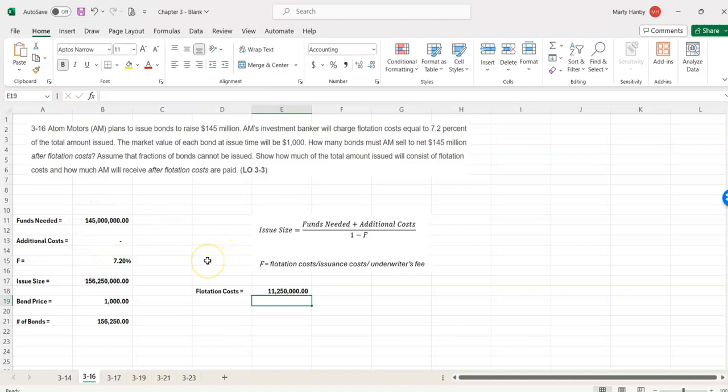So $11,250,000 of flotation costs. So the total issue size, $156,250,000. The amount that will go to Atom Motors is $145 million, and it's going to pay $11,250,000 in flotation costs.